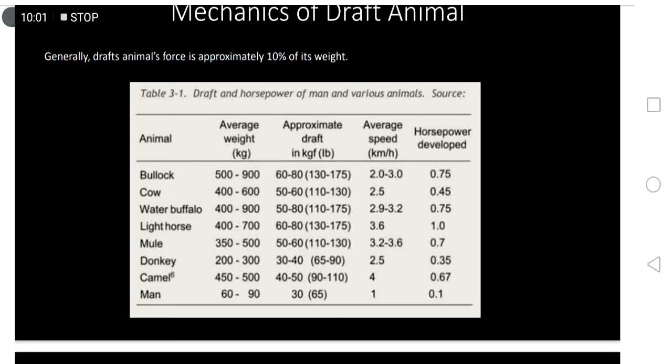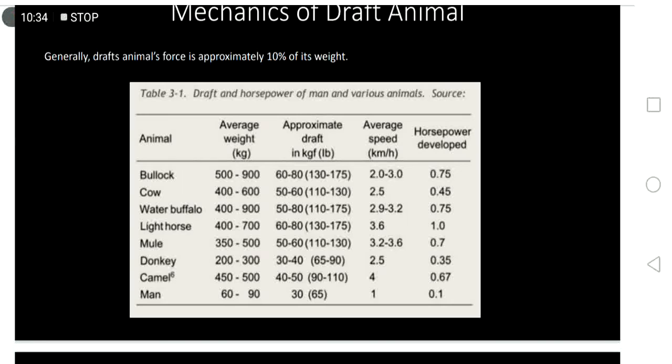For example, we have the water buffalo. Its average weight ranges from 400 to 900 kilograms, and its approximate draft is about 60 to 80 kilograms. So they can pull about 60 to 80 kilograms with an average speed of 3.6. So they can develop horsepower of about 1.